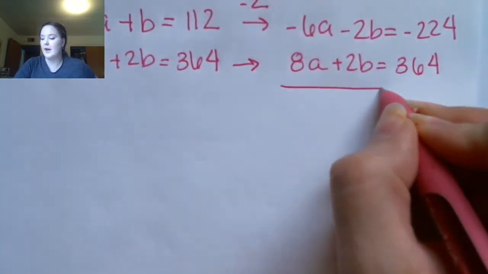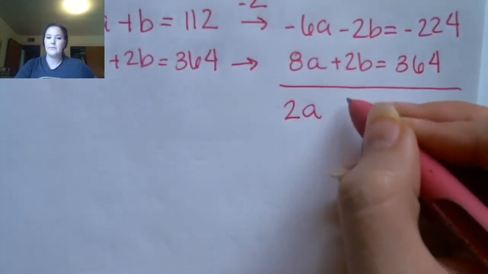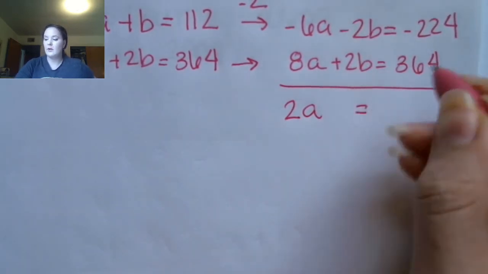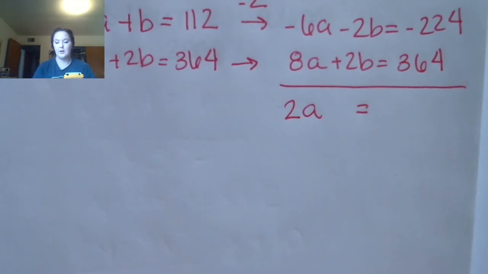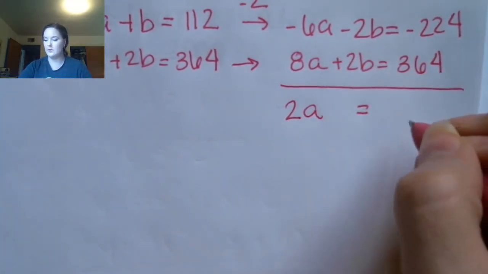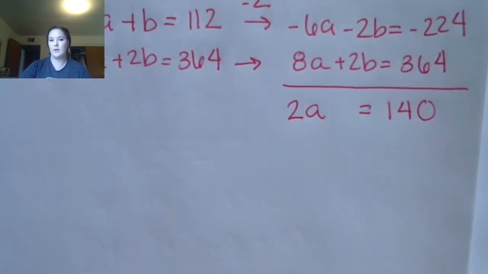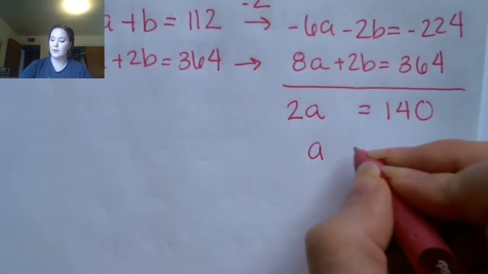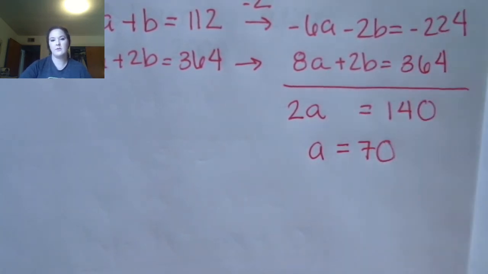Okay, and now I'm going to add them together. So negative 6a plus 8a is 2a. These cancel as intended, right? And negative 224, plus 364 is 140. Okay, I'll divide both by 2. Okay, I get 70.